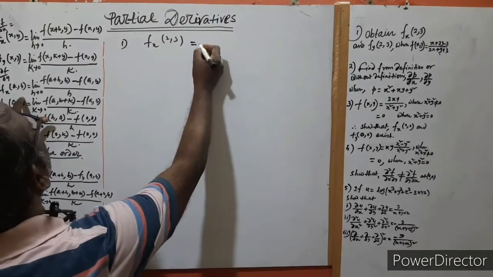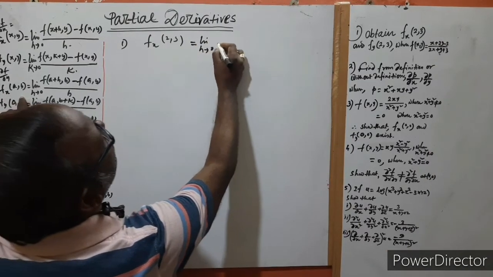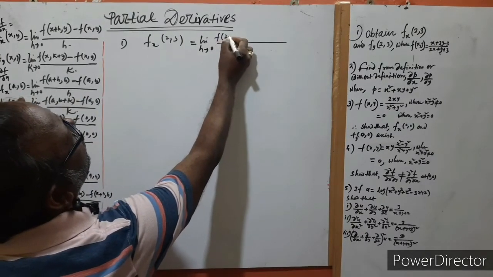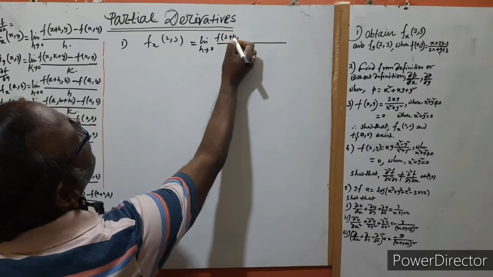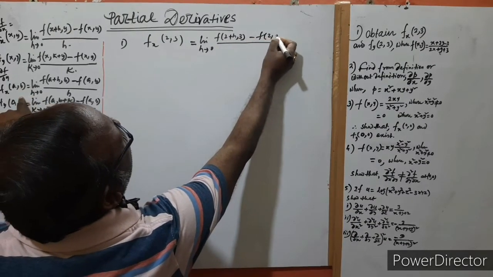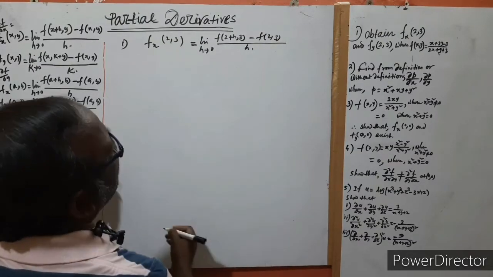So this is the limit as h tends to 0 of [f(2+h, 3) - f(2, 3)] / h.